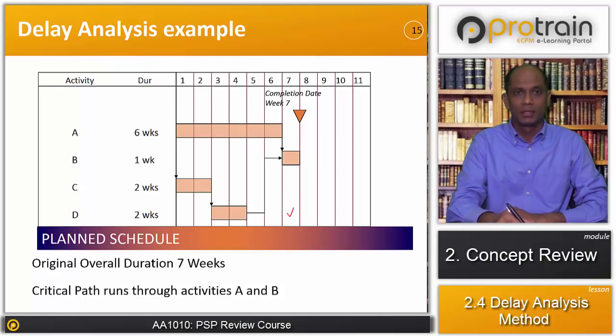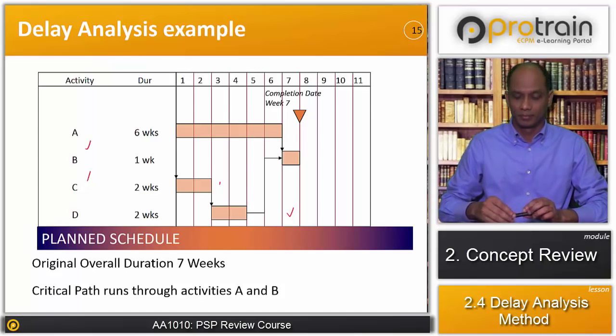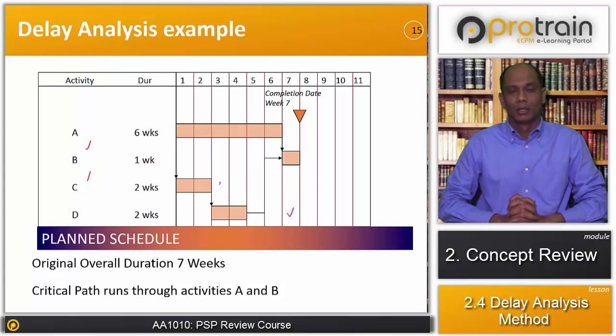These are activity A, activity B, activity C, and activity D. Activity A has a duration of 6 weeks, activity B has a duration of 1 week, activity C has a duration of 2 weeks, and activity D has a duration of 2 weeks again.